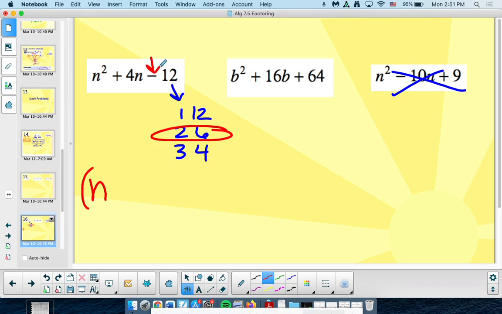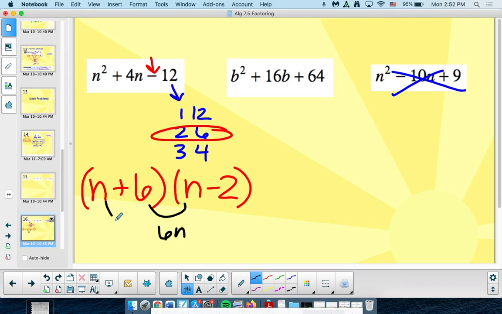I know I want a negative number, and the only way to get to a negative number is a positive and a negative. Which one has to be positive and negative between the 6 and the 2? I know my 6 has to be positive, minus 2. Check real quick. 6n, negative 2n. 6 minus 2 gives me 4n. Check. Good deal.